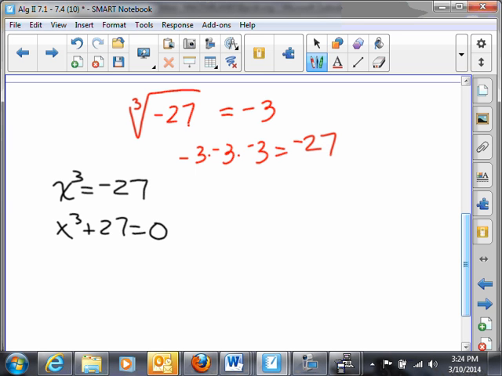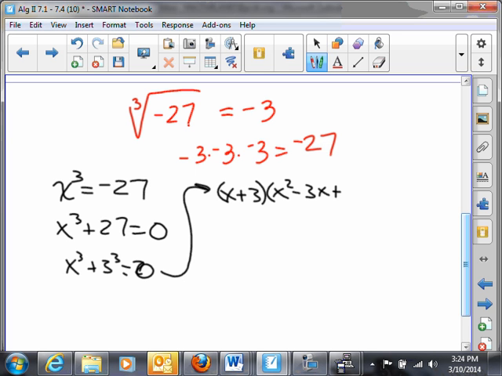But you and I both know that 27 is really 3 cubed, so we can write x cubed plus 3 cubed equals 0, right? This factors into x plus 3 times x squared minus 3x plus 9 equals 0. Now x plus 3 equals 0 gives us x equals negative 3, which is the one that we're expecting.